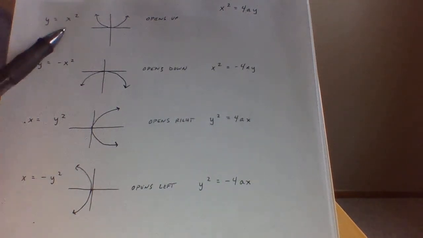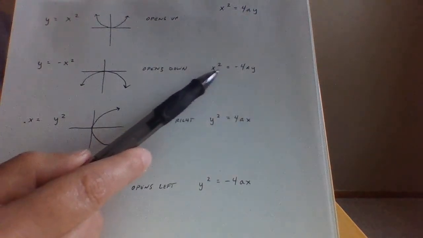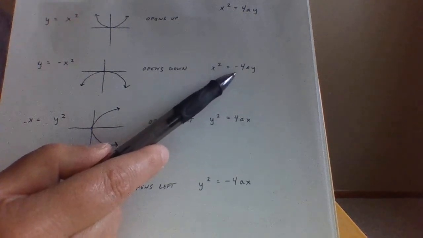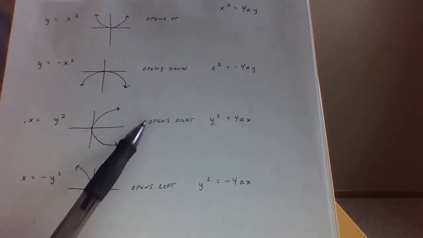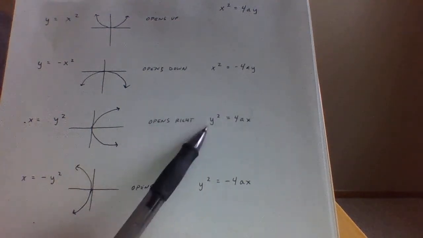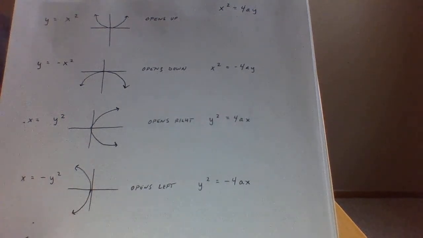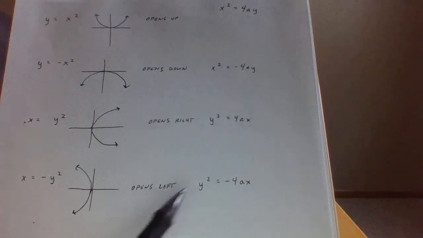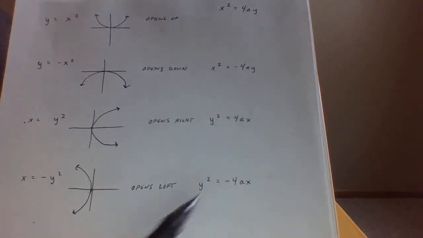Terms are on different sides, but obviously this would be the same thing as x squared equals y. If my parabola is opening downward, I have x squared equals negative 4ay. And if it were opening to the right, y squared equals 4ax. And if it opens to the left, y squared equals negative 4ax.